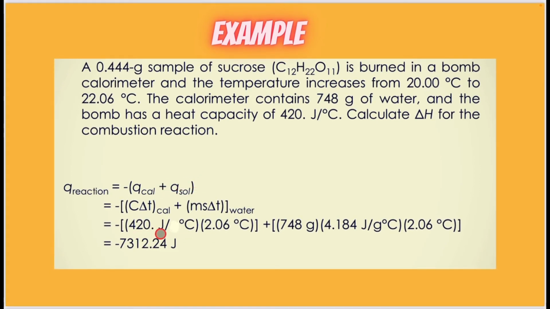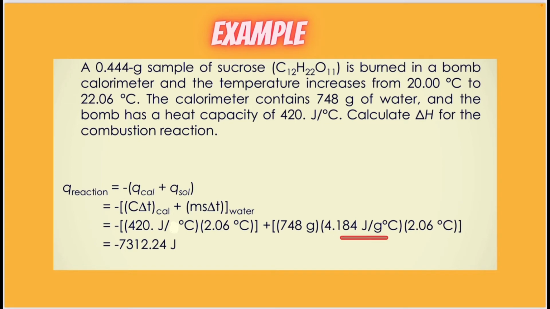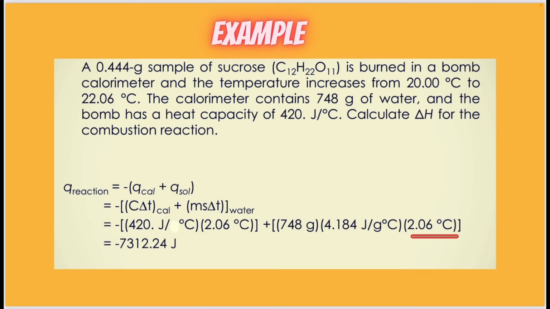This is the heat capacity 420 joule per degree Celsius, and this is the change in temperature, meaning 22.06 minus 20 degrees Celsius, plus the mass of water 748 gram, and this is the specific heat for water, 4.184 joule per gram degree Celsius, and this is also the change in temperature, and you get the answer for the heat of reaction.